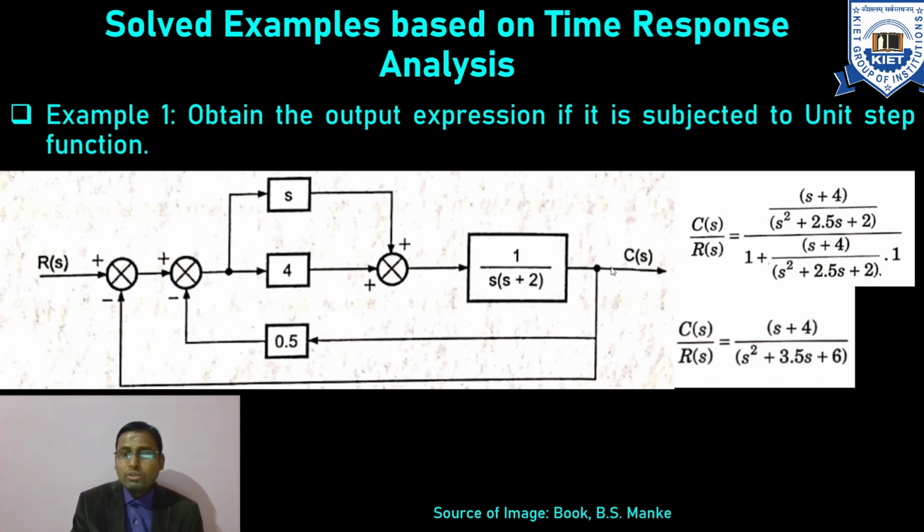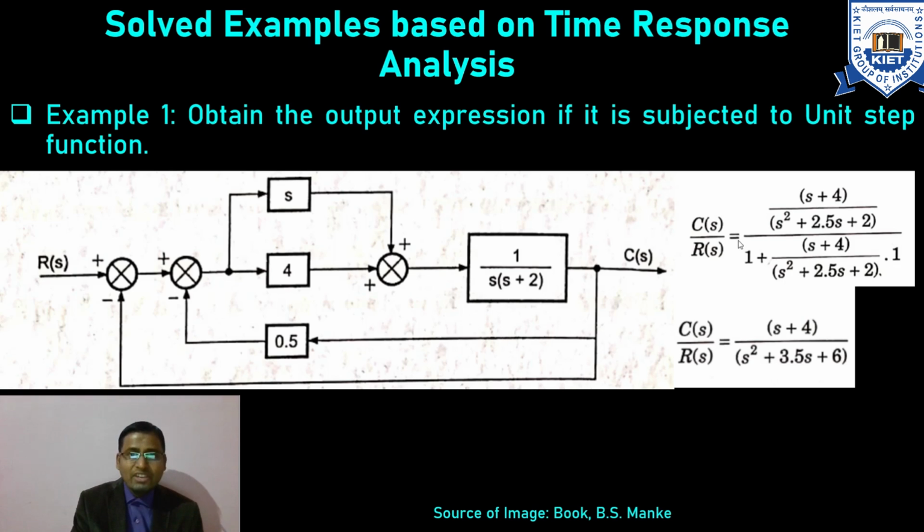So after reduction of this diagram, we get C(s) upon R(s) equal to (s plus 4) divided by (s square plus 2.5s plus 2), whole divided by 1 plus (s plus 4) divided by (s square plus 2.5s plus 2) into 1.